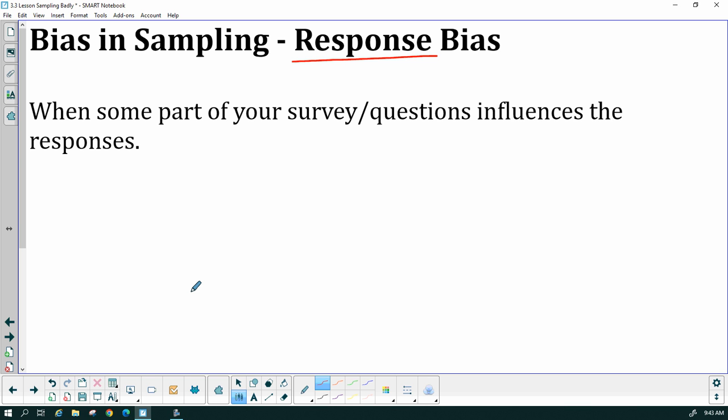But we could ask a question about smoking. This is a good example, I think, where I could phrase my question: do you think smoking is a good thing? And that would be a pretty good question. But if I asked, given the fact that smoking is known to cause cancer and people die from it, do you think smoking is a good thing?